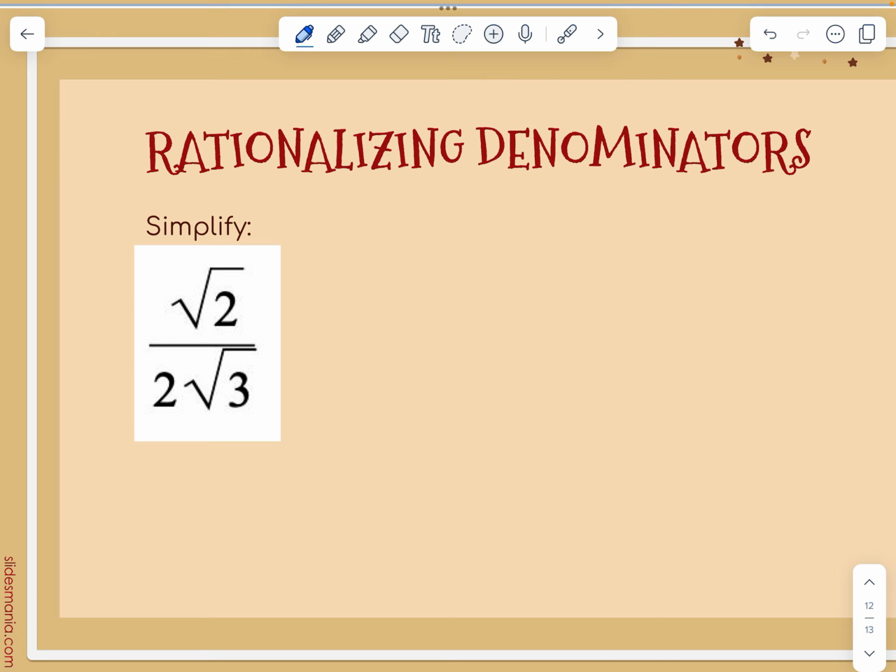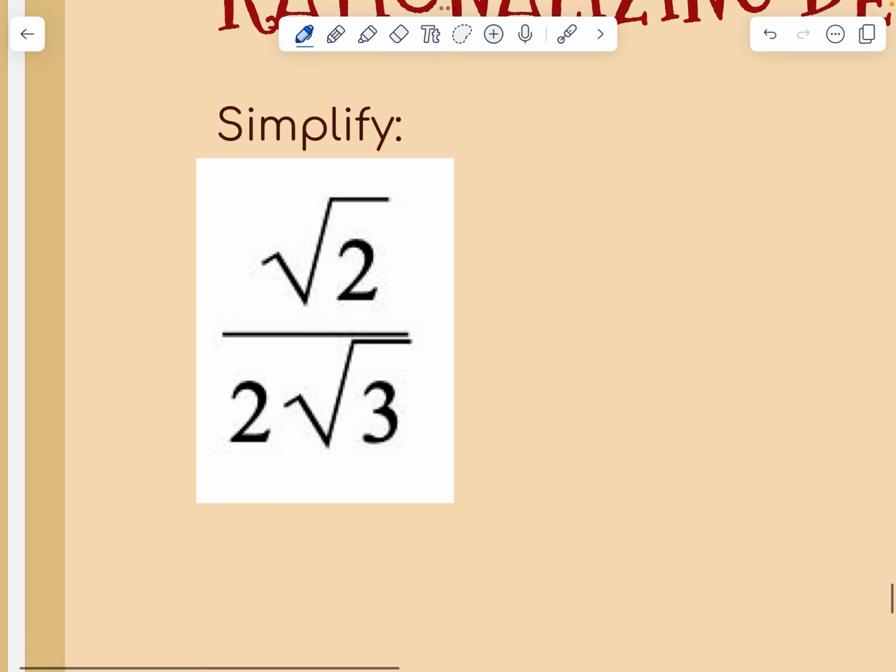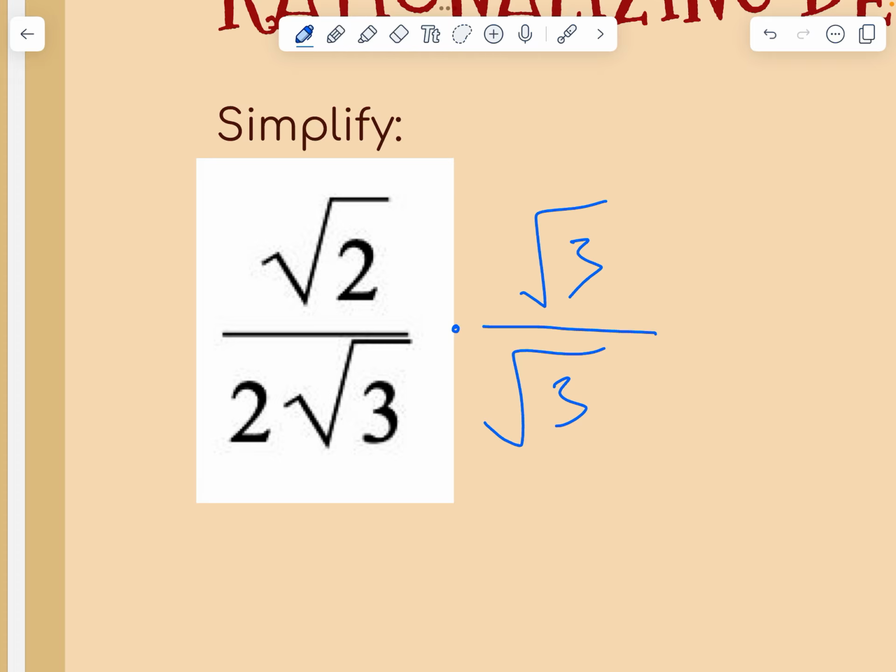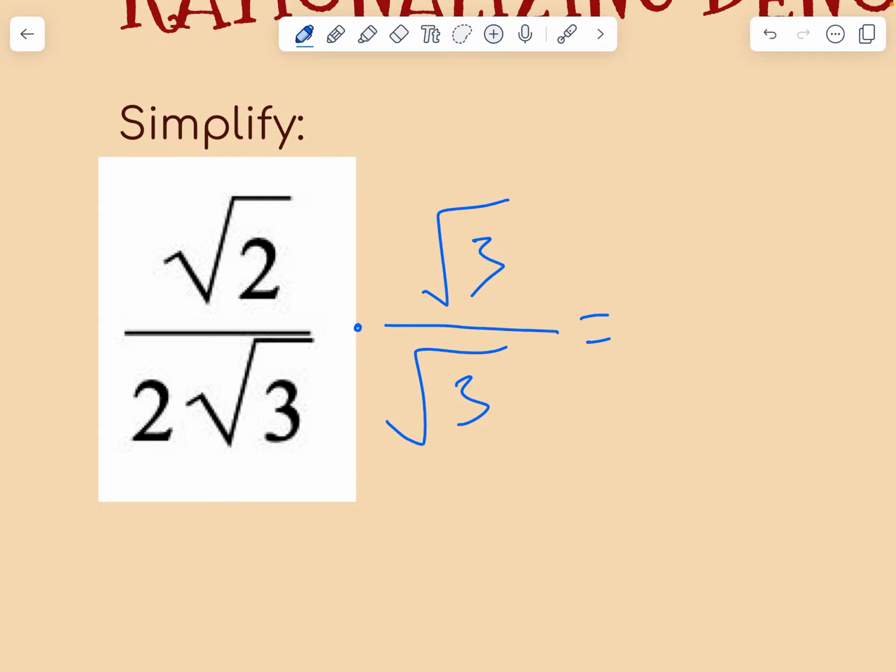Last one that we're going to do together, here we have 2 radical 3 in the bottom. Same as before, but we only care about what is in the square root in the bottom. We don't need to multiply by 2 radical 3 over 2 radical 3, although you could do that. It's just going to make your numbers bigger. So on top, square root of 2 times the square root of 3 is the square root of 6. On the bottom, the 2 just stays on the outside.